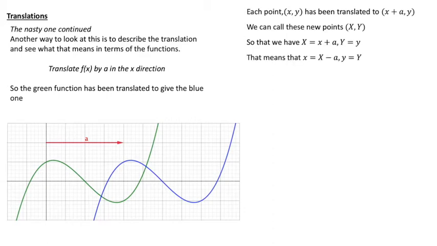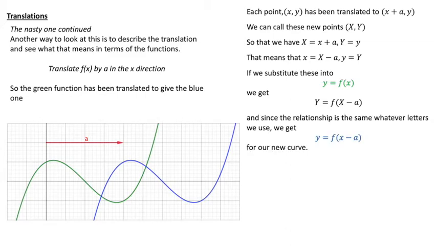Okay, now that means that little x is big X minus a, and little y is equal to big Y. And if we put those values into our function y equals f of x, we get big Y equals f of big X minus a. Now, the big Y and the big X can be replaced by little y and little x because they're arbitrary, so the relationship's the same whatever letters we use, and that tells us that the blue curve is indeed y equals f of x minus a.